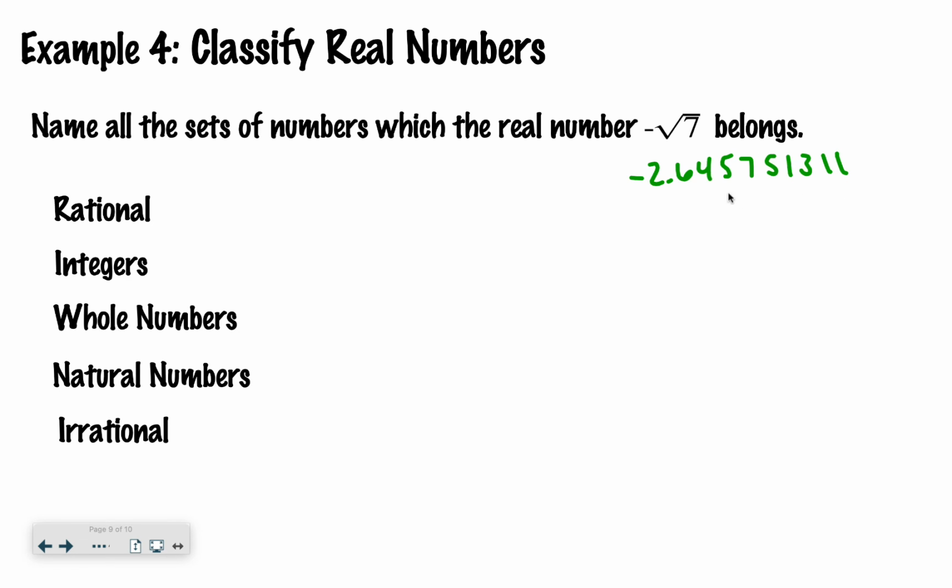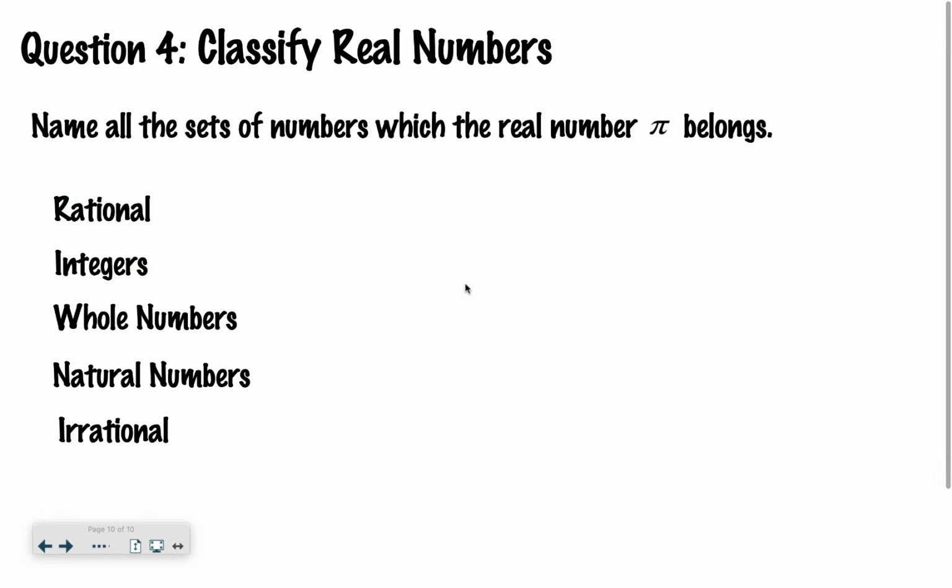They are not ending. They're going on forever and ever. So this is an irrational number. So I would circle irrational, which means it cannot be any of these 4 other things. So if it's irrational, it automatically means that it cannot be an integer, whole number, or natural number.